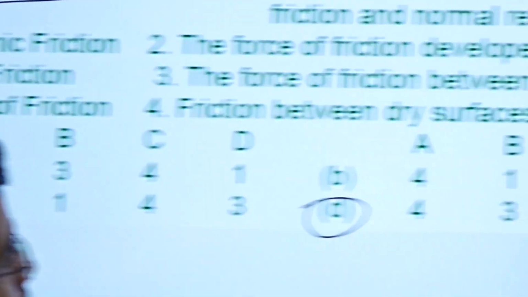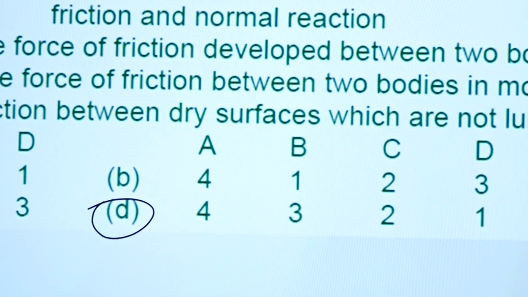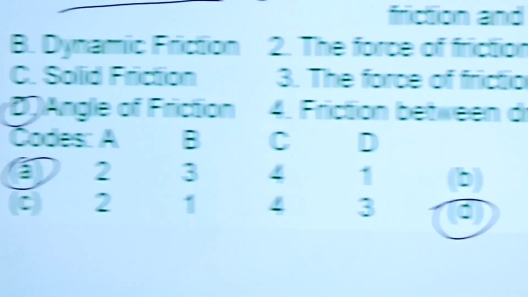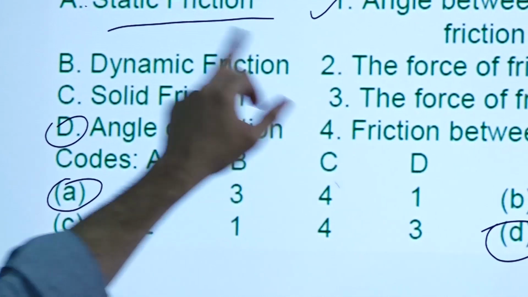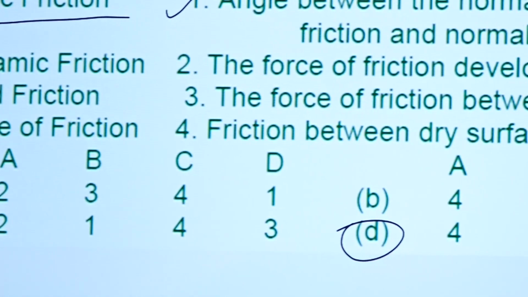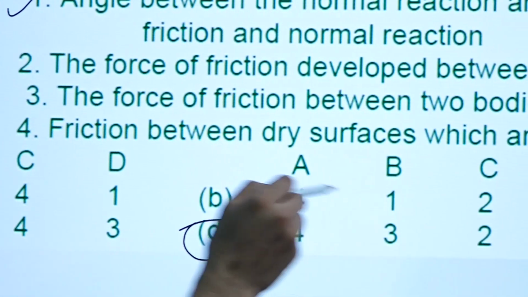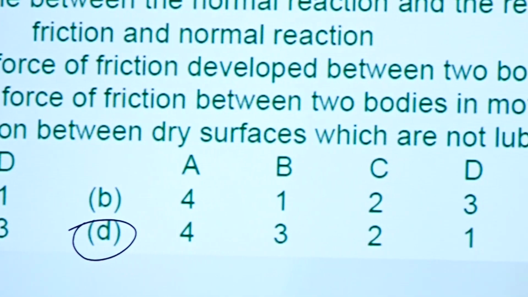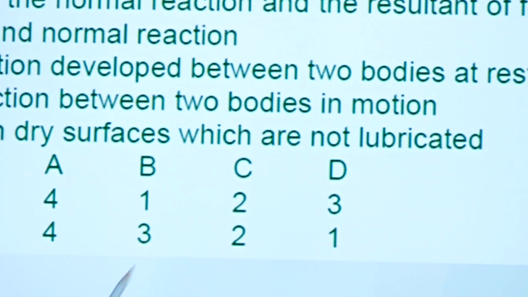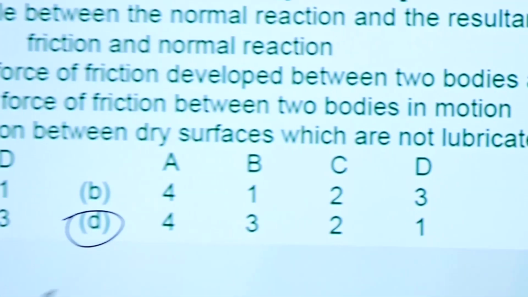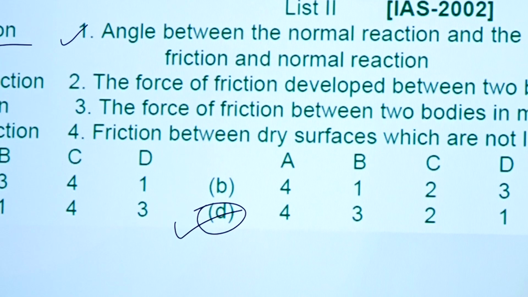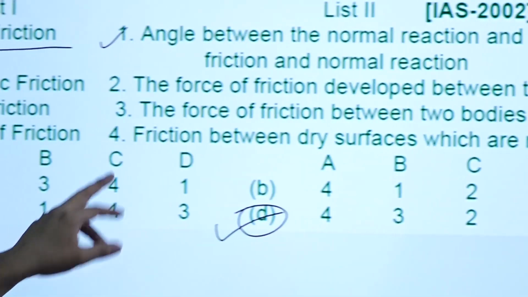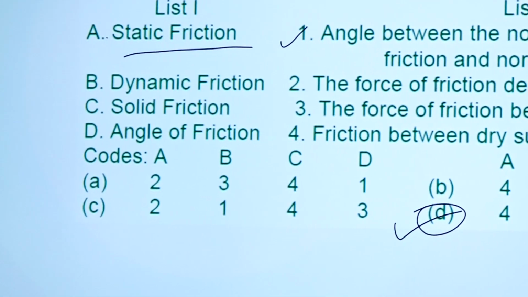The second one is the force of friction developed between two bodies at rest. That is equal to static friction, because the body is at rest, right? So c is equal to 2. Third one, the force of friction between two bodies in motion.